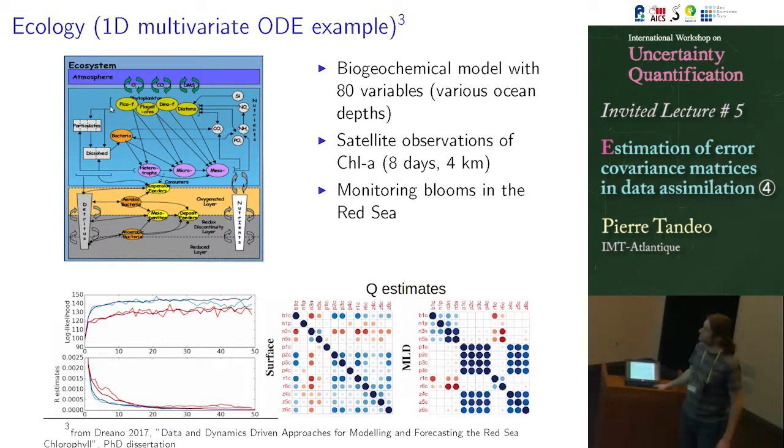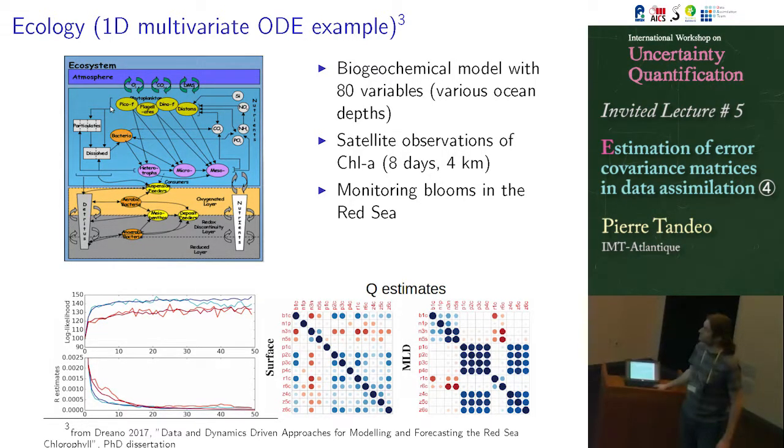What is nice, and I would like to focus on that, is that we have an estimate of the error of the dynamical model. In this case, it is a simple model with 80 variables, and we know that the model is not good enough. And here we have an estimate of the error.